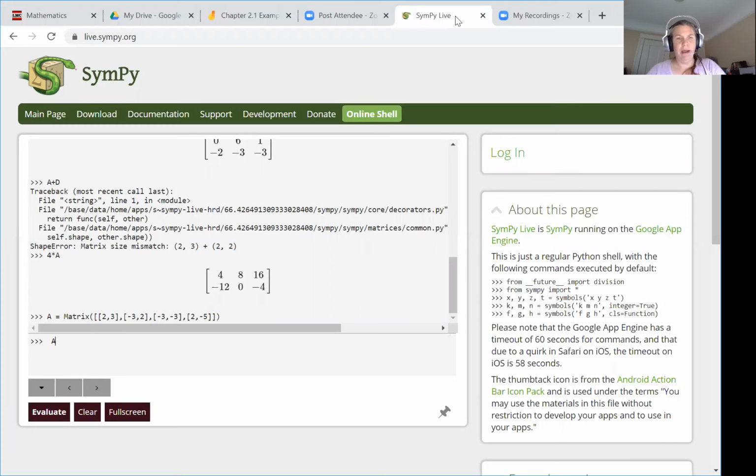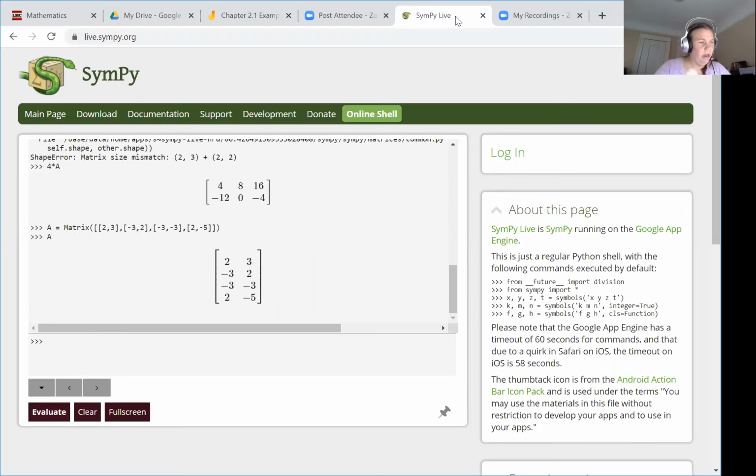And then I can type A here to check my resulting calculation. And it's a match for what I was working on by hand. And then I'm going to enter matrix B. Start with the parentheses. Anytime you do a function in Python, you have to have parentheses. That's common in most programming languages.